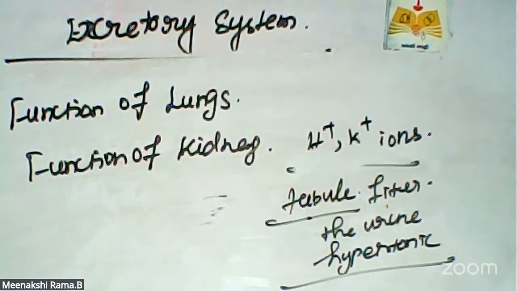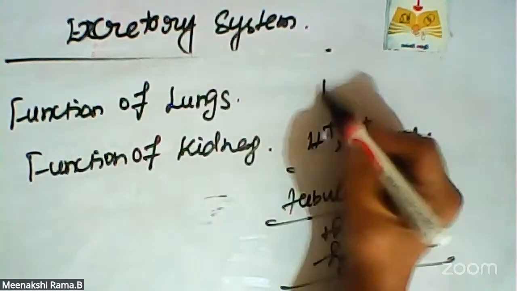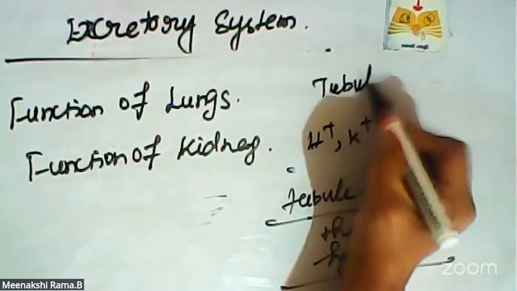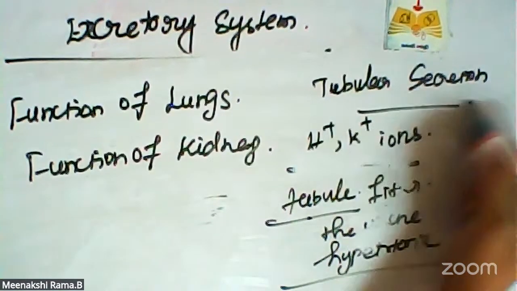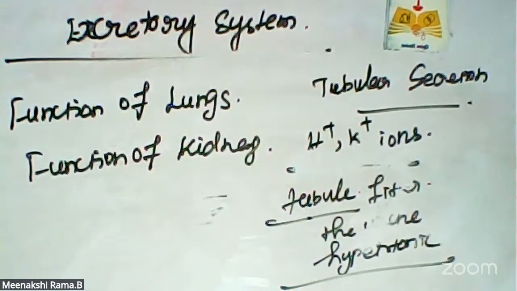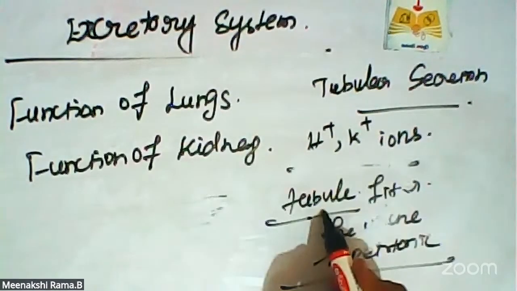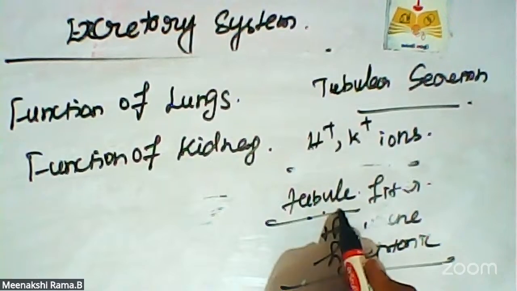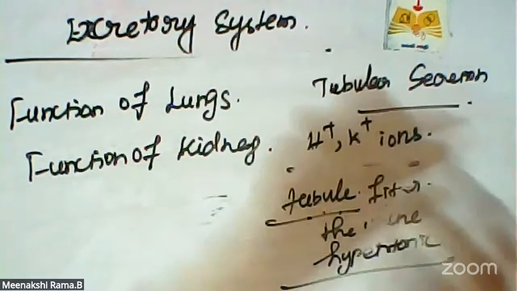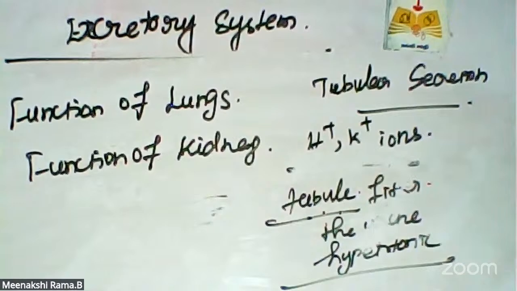That process is known as tubular secretion. Tubular secretion means K plus and H plus ions are secreted in the tubule part.